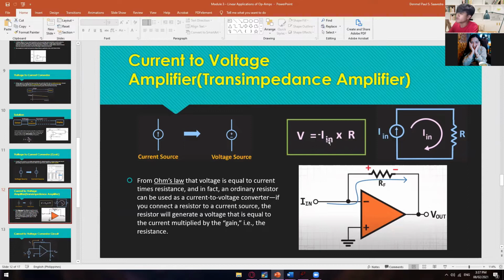We have this formula: negative input current times the feedback resistance. As you can see, our voltage output will become negative due to the polarity of our feedback resistance. That is why we have the negative here.